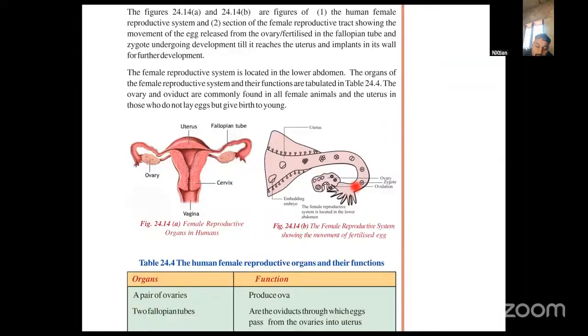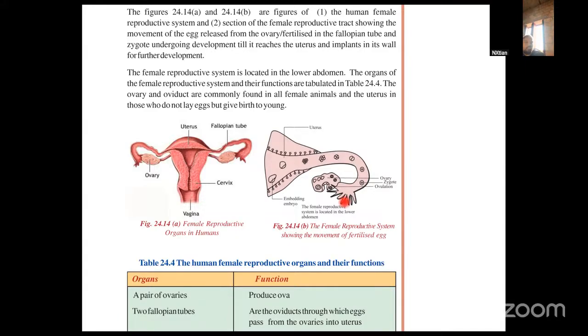Now, this is the vagina, and the sperm will travel through the cervix into the uterus, and it will go towards the fallopian tube. Some of the sperm will go to this fallopian tube, some of the sperm will go to this fallopian tube. So it means that the sperm has to travel a lot in the female body to fertilize the egg.